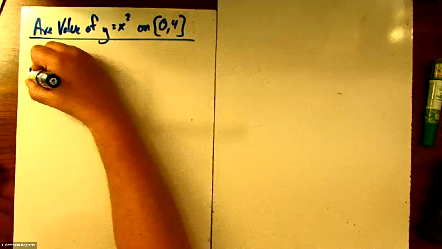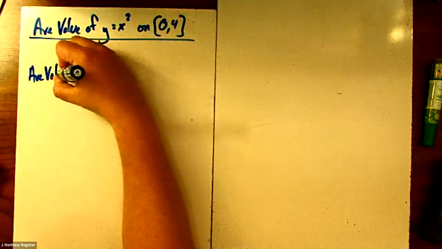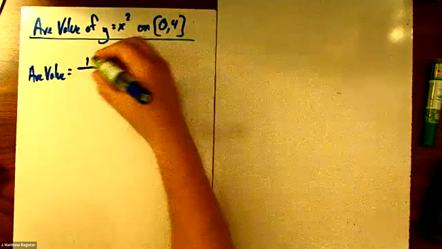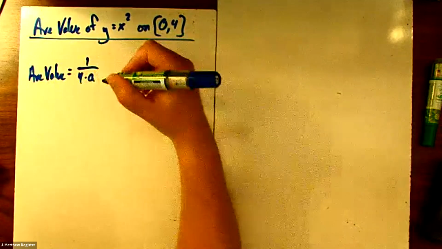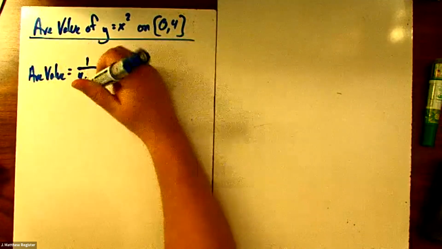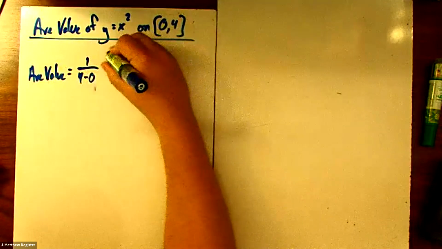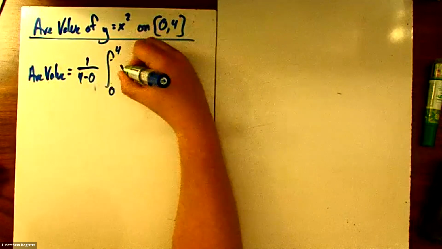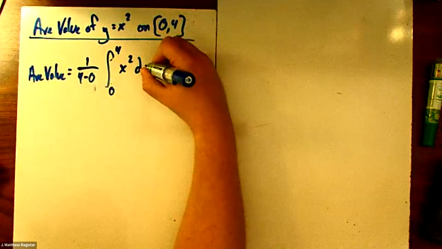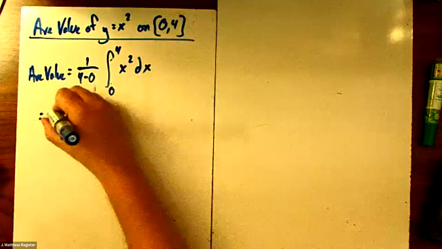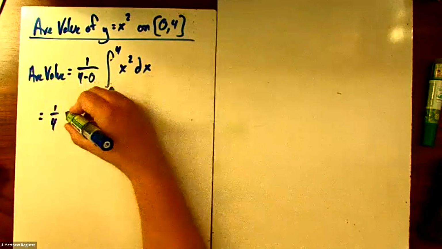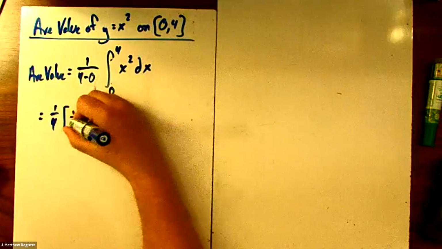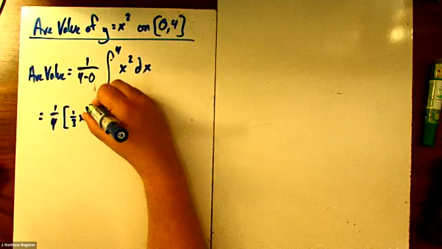And so all we have to do is use our formula, and we're done. And so the average value is equal to 1 over (b minus a), which is the length of the interval. In this case, it's 4 minus 0. The integral from a to b of the function. Well, that's 1/4. The integral of x squared is 1/3 x cubed.